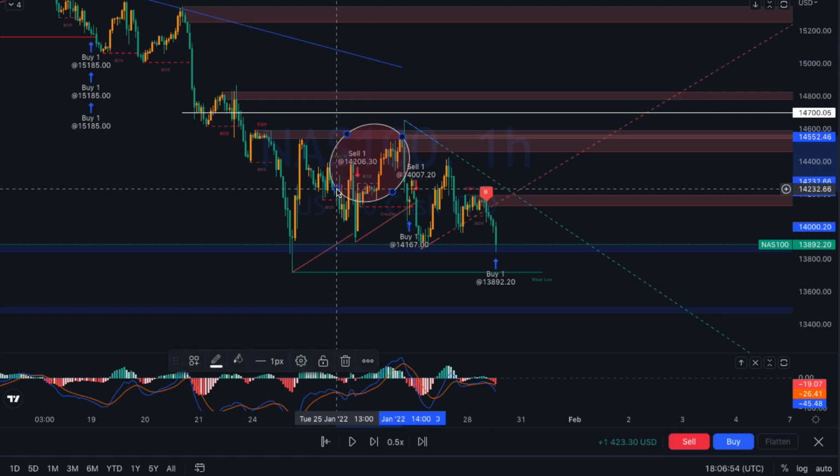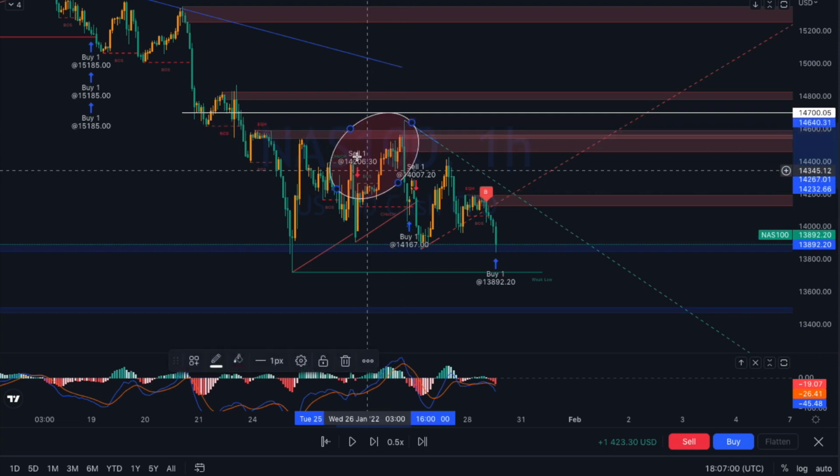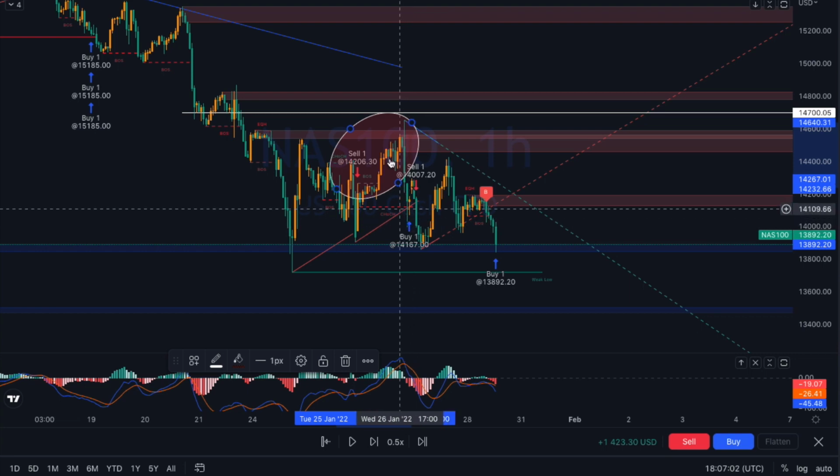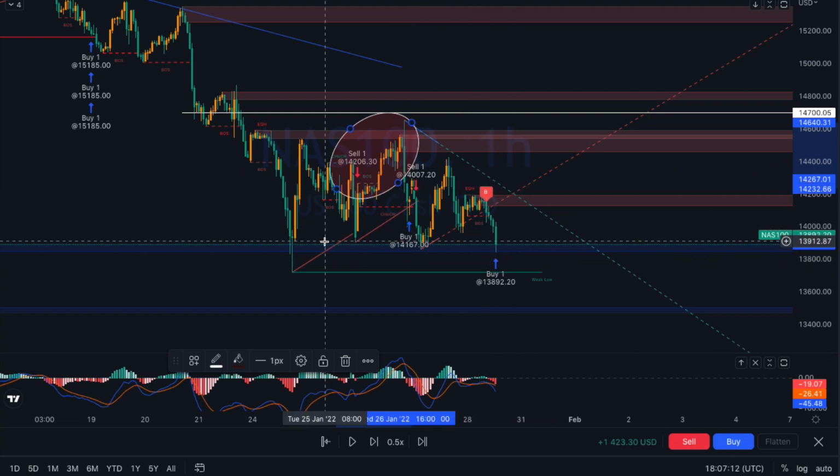So this one here was a loss. So this trade versus this buy was in the wrong location, because I should have done it up here because we lost this trade. However, this trade has gone fantastic.